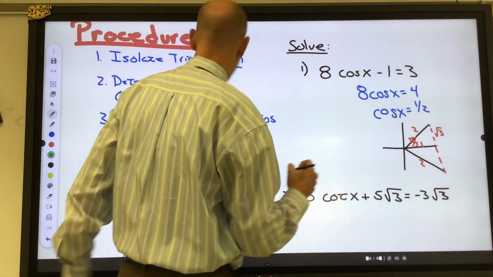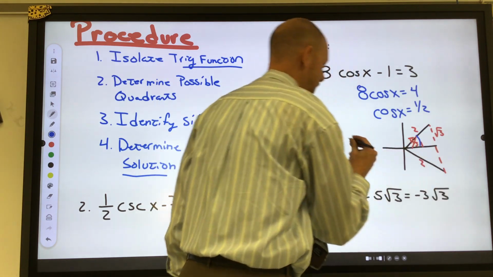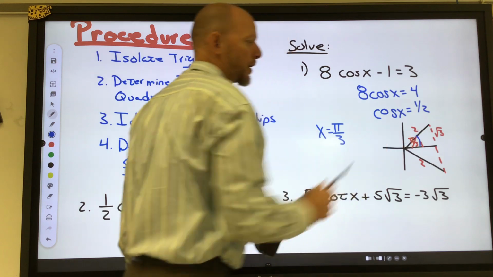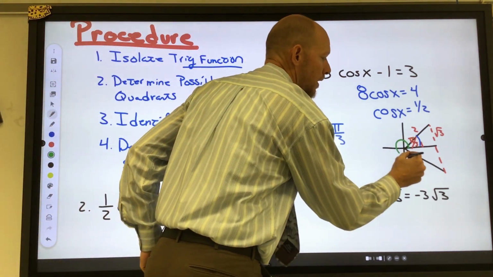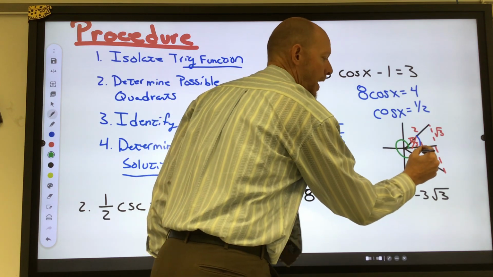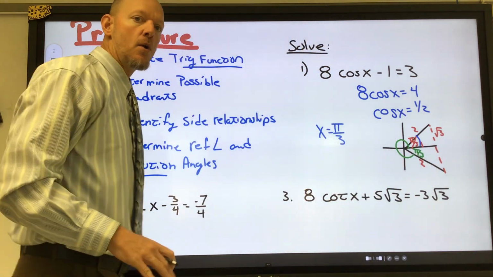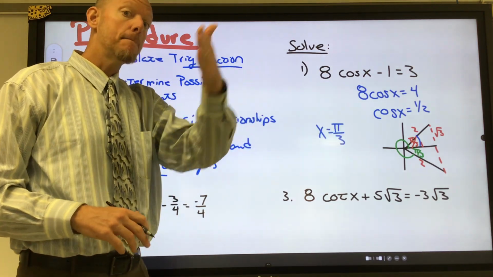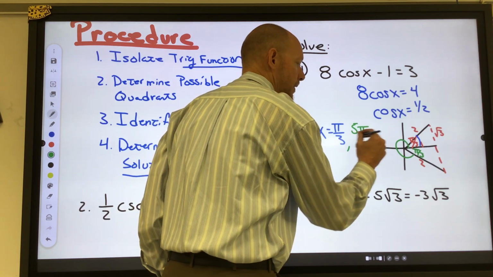Now I have to come up with the actual angles. So one of my solutions is going to be x equals pi over 3, because we're in quadrant 1. The other solution is going to be such that I'm pi over 3 away from doing one rotation. One rotation is 2 pi. So if I take 2 pi minus pi over 3, that's going to leave me with 5 pi over 3.